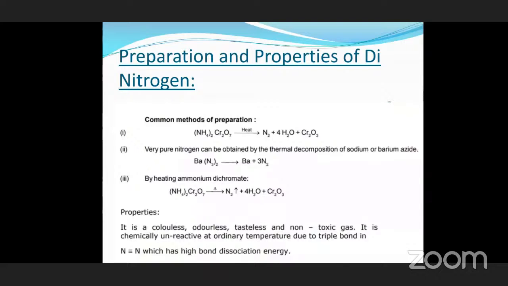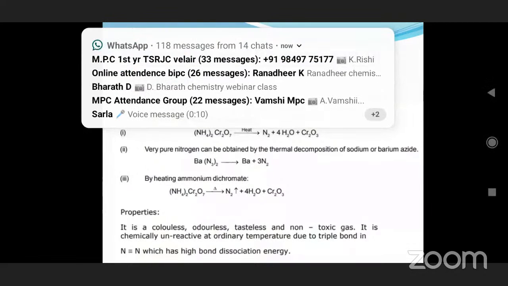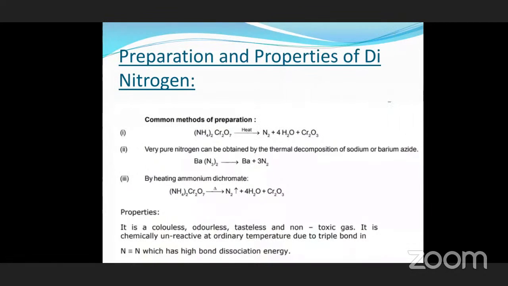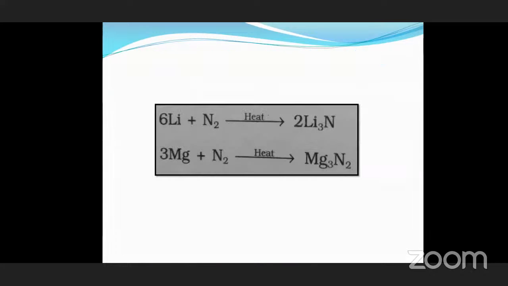It is chemically unreactive at ordinary temperature due to the presence of the triple bond. That means it is chemically unreactive at room temperature, and to break the triple bond we have to use more dissociation energy. I already told you. Okay.